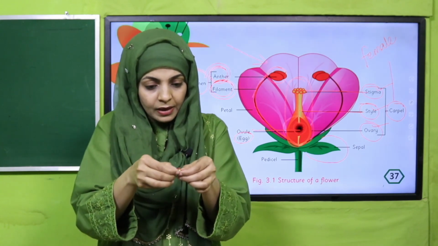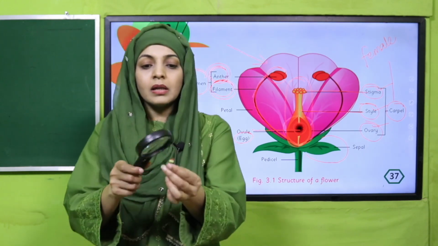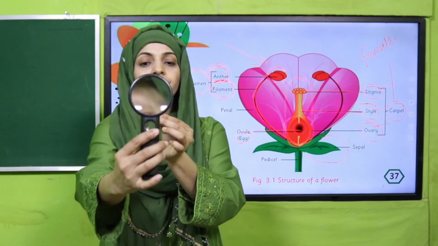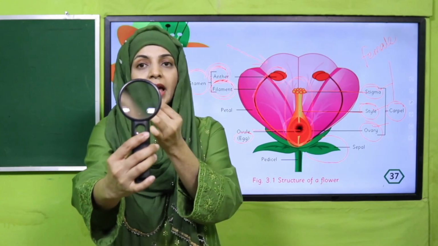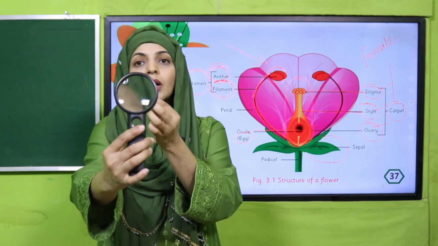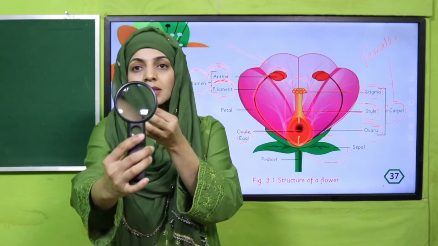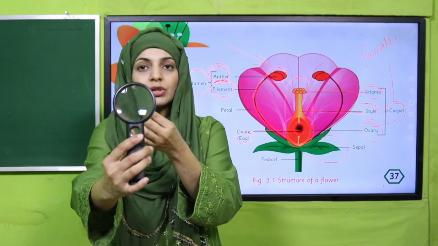Now I can see the part of the flower. There are eggs inside the fatter part of the flower which is called the ovary और उसके अंदर ovules, eggs. आप दोनों तरह के नाम जो है वो यूज कर सकते हैं.